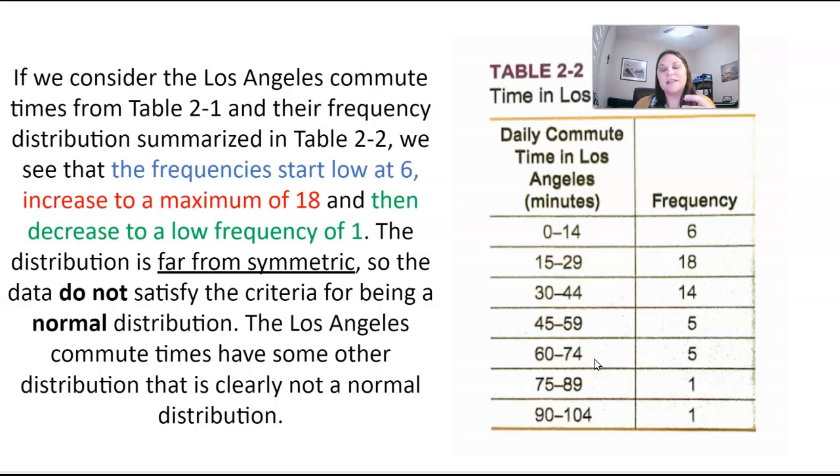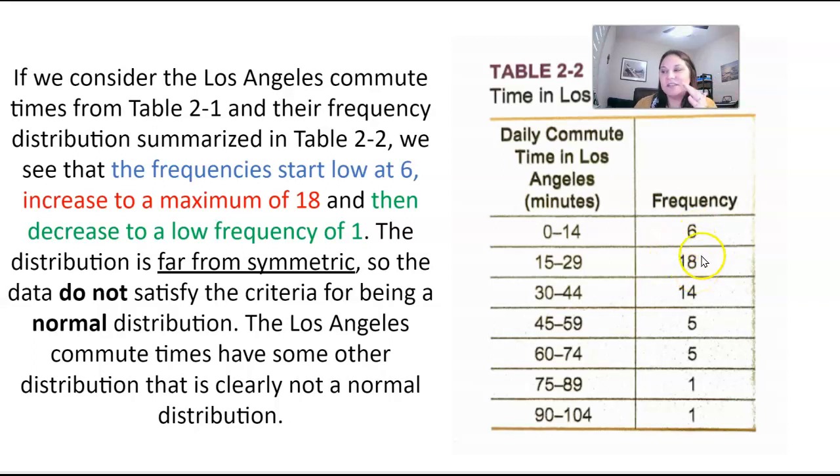And so at the end of this lesson, you are reconsidering the daily commute times and answering the question of whether or not you believe the commute times fit a normal bell curve, or are symmetric. So the highest value in the first table that we looked at, the frequency table, was in the second class.